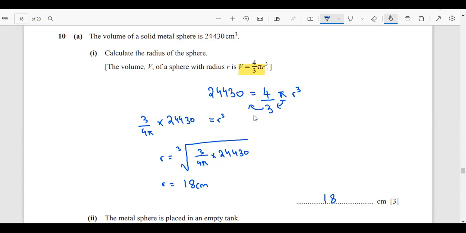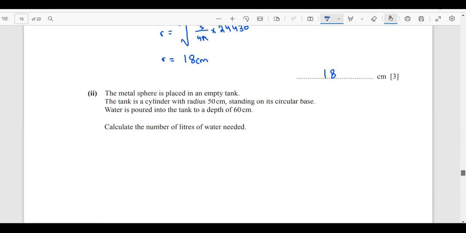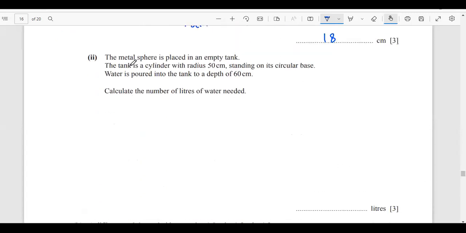So for the second part, now it's important. The understanding is important. Now it says there's a 3-mark question. The metal sphere is placed in an empty tank. The tank is a cylinder with radius 50 centimeters standing on its circular base.